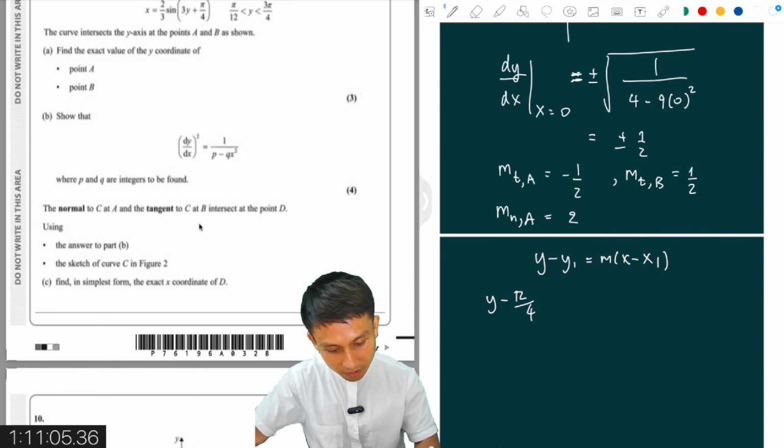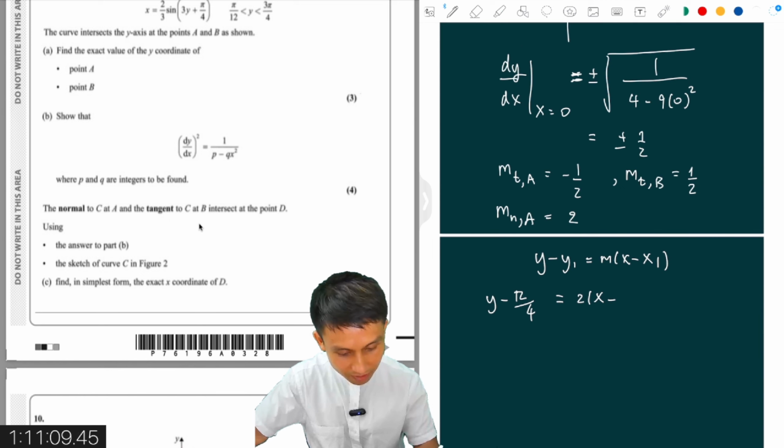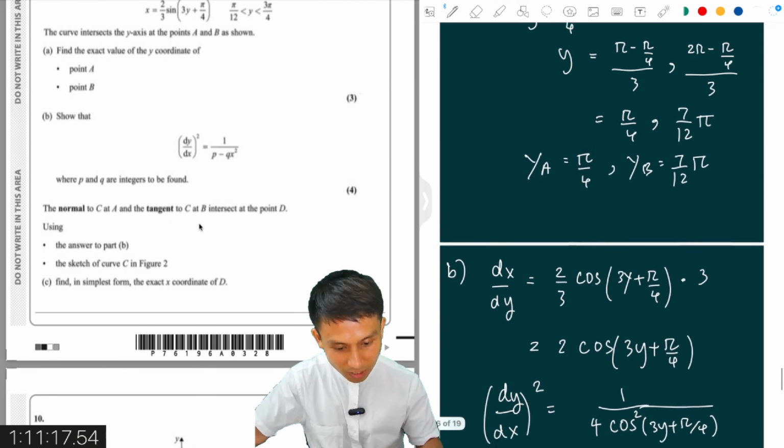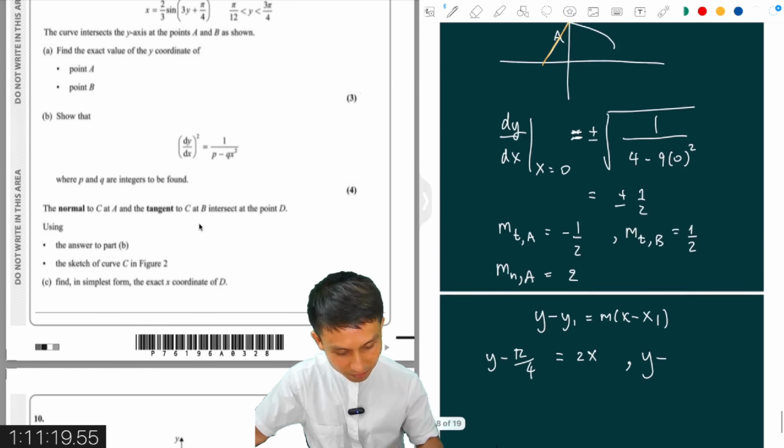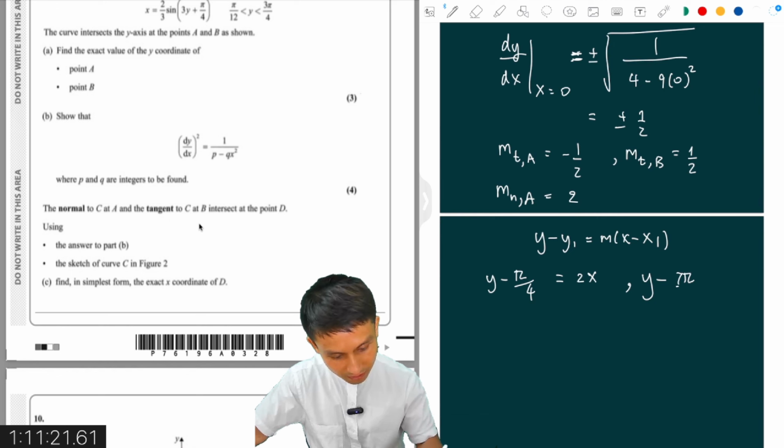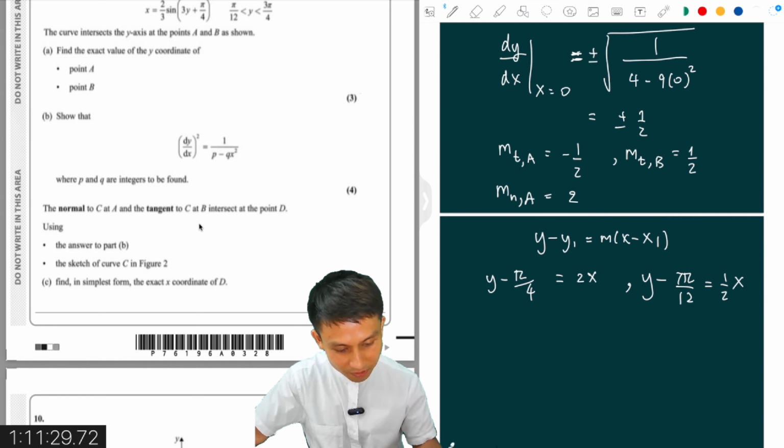Pi over 4 minus, m is 2, x minus x1, 0. So just 2x, right? And the other one is y minus y1, which is the y of B, which is 7 pi over 12, equals m, which is 1 over 2, times x, because x1 is also 0.